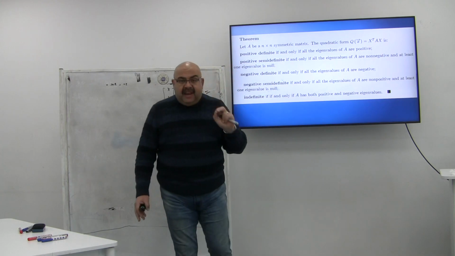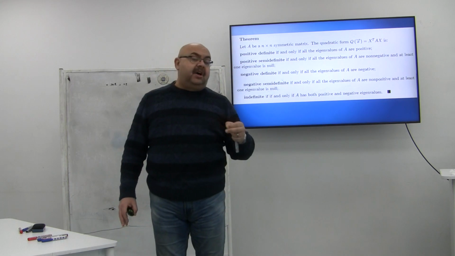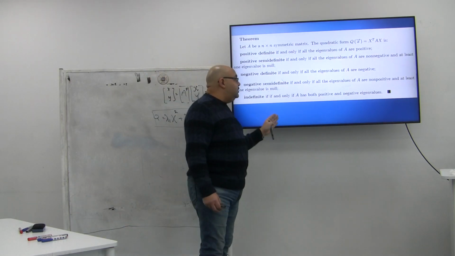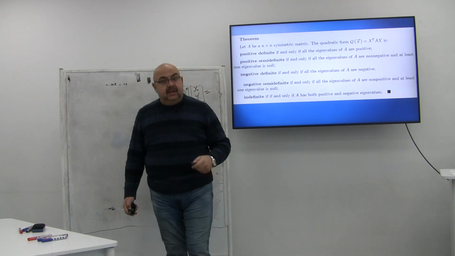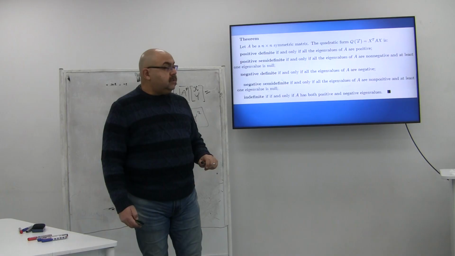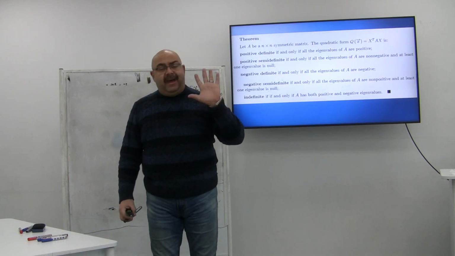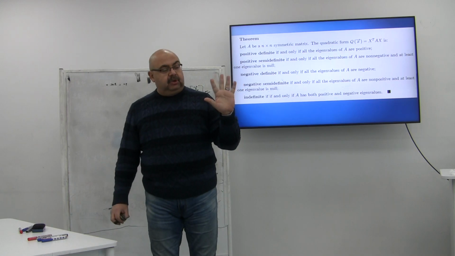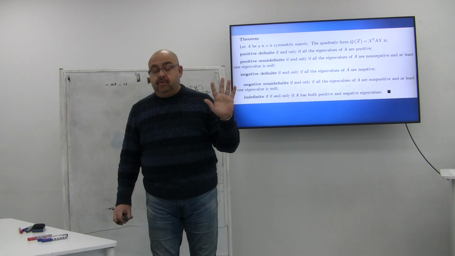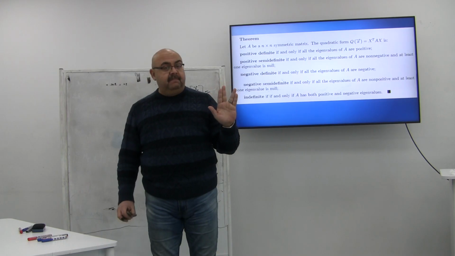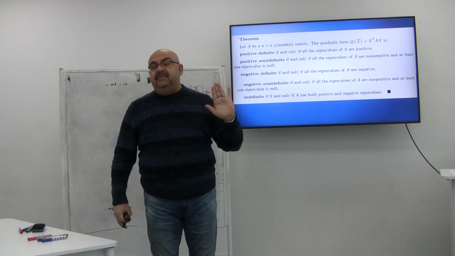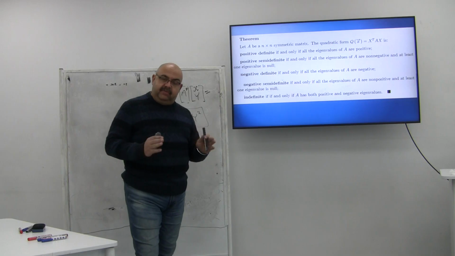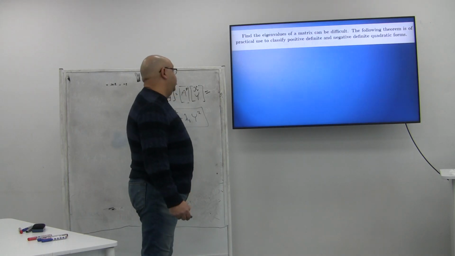If some of the eigenvalues are positive and others are negative, then in this case you will have an indefinite case. So as you can see, we have 5 cases: positive definite if all lambda are positive, positive semi-definite if greater than or equal to 0, negative definite if all of them are negative, negative semi-definite if they share 0, and then indefinite once you have some of the eigenvalues positive and the others negative.